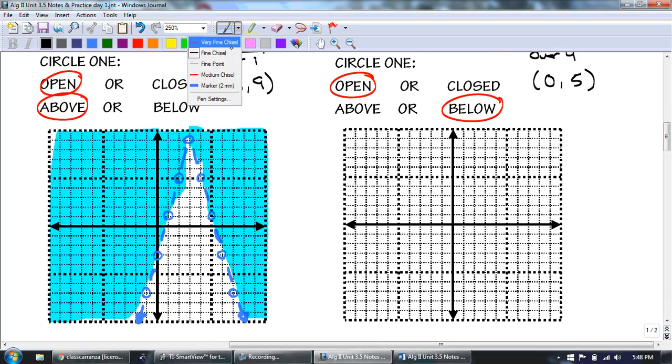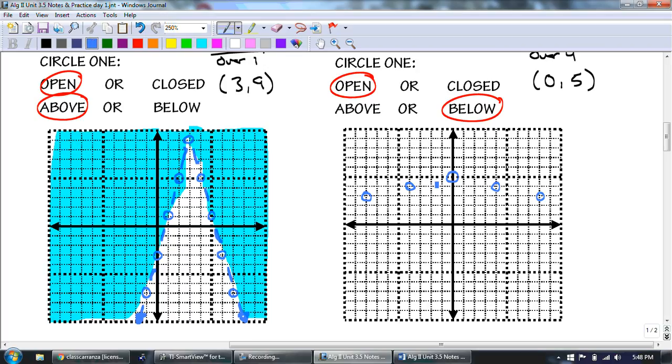Okay? So it's 0, 5 I start, and then we go down 1 over 4. Down 1, 1, 2, 3, 4. In both directions. We said that it's going to be open. So yeah, that better mean you're making open points.